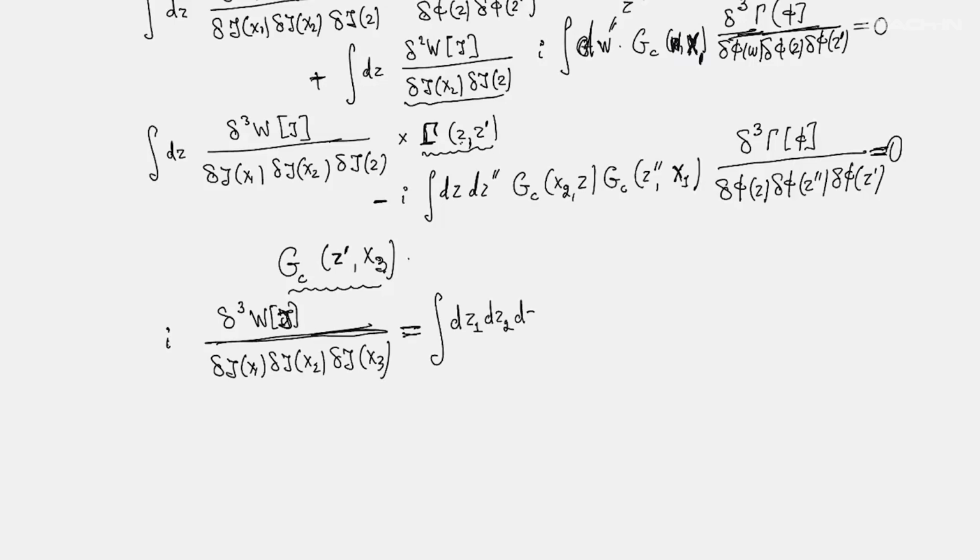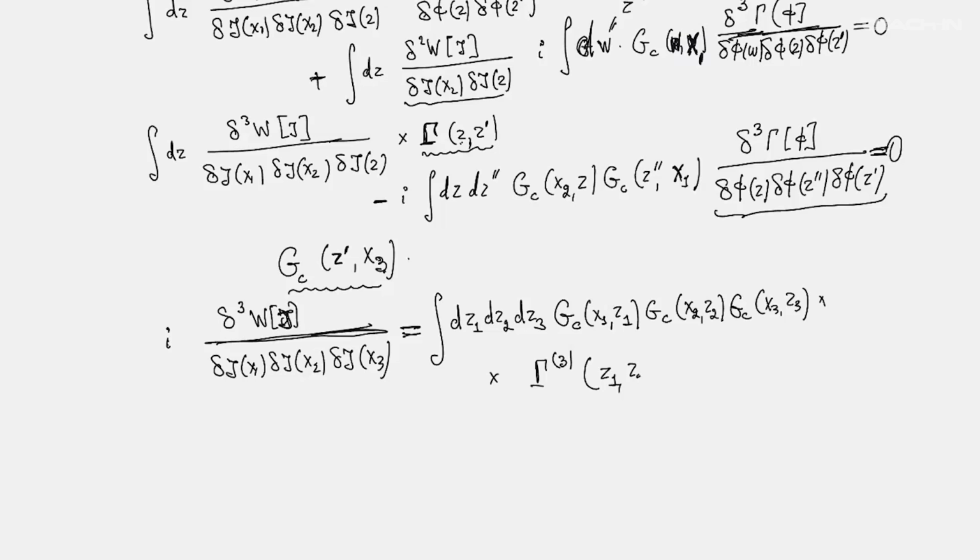And then G_C depending on x1, z1, G_C x2, z2, G_C x3, z3. So three full propagators cross the third variational derivative of gamma with respect to the field phi. This is what is very natural to denote as gamma 3, depending on z1, z2, z3.